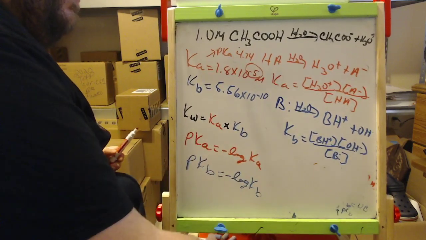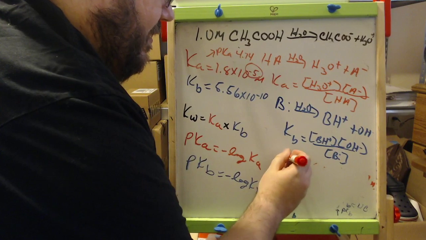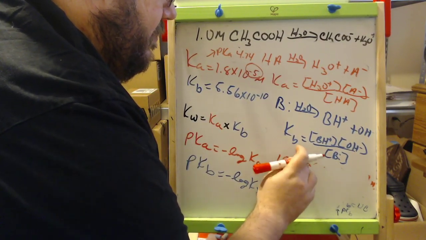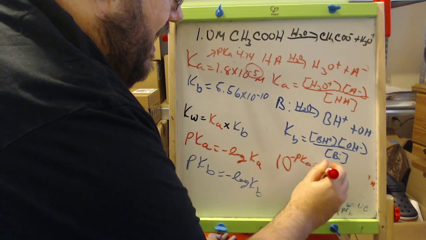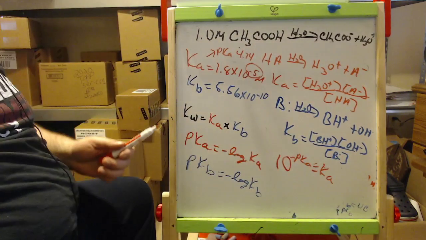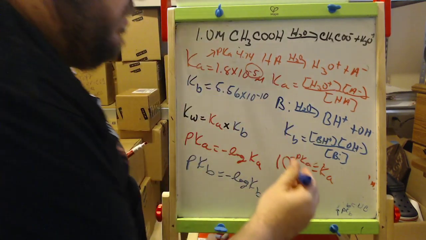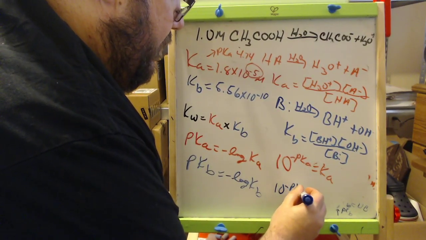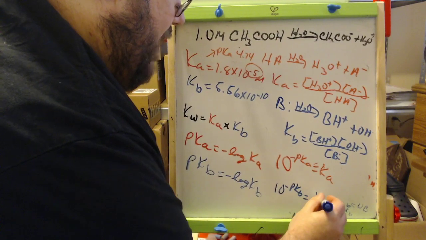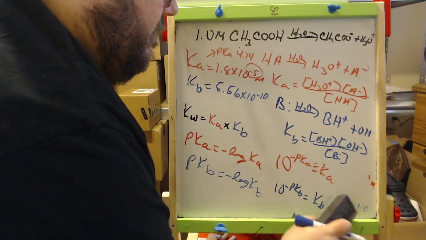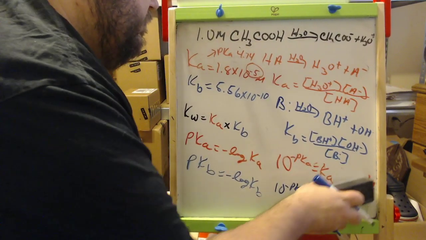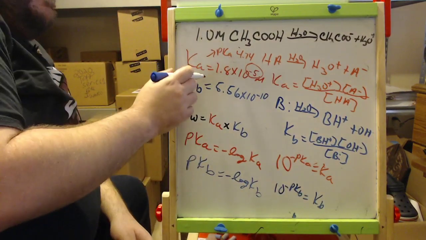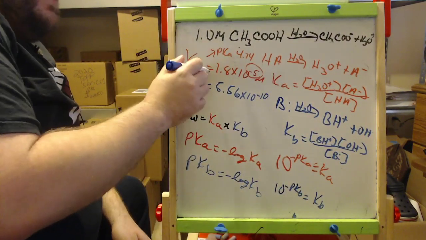So again, 10 to the minus pKa is the Ka. Just like our pH and pOH. 10 to the minus pKb is our Kb. Okay? So if you're asked to find a pKa from a Ka, take the negative log.